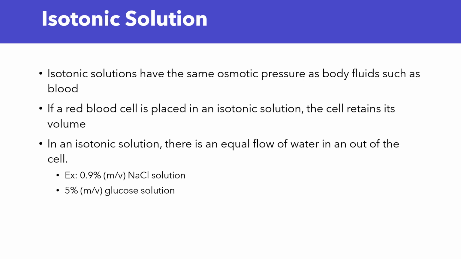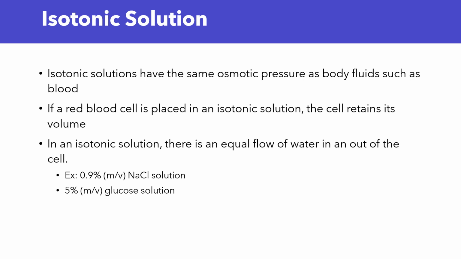So if we place a red blood cell in an isotonic solution, then the cell will retain its volume. Nothing will happen. The reason for that is because there is an equal flow of water in and out of the cell. Why is that? Again, because there is the same equal osmotic pressure.